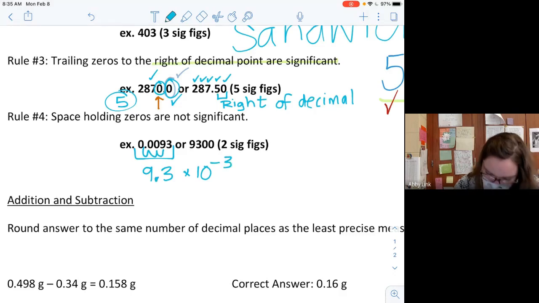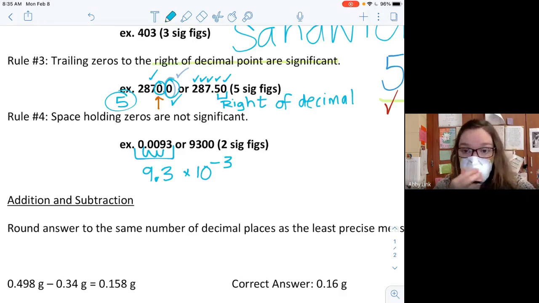All right. I was able to get rid of the zeros and give the same exact number. I didn't cut anything out. I didn't change anything. It's the same exact number. So those zeros qualify as space holding zeros.